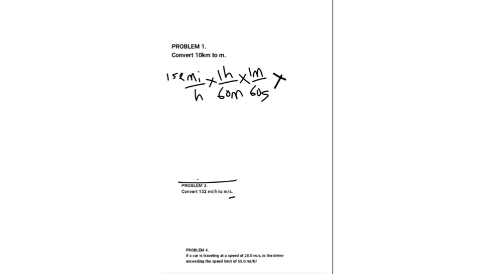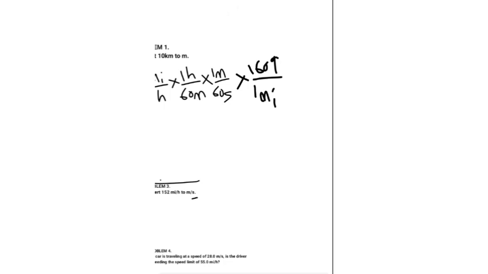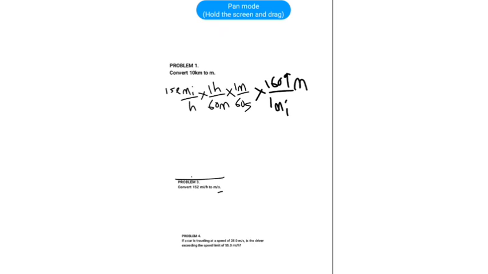So 1 mile is the same as 1,609 meters. Let me just write this properly. We have space there, so meters, like that. Now, having done this part, what is the remaining part? The remaining part is the cancellation part.